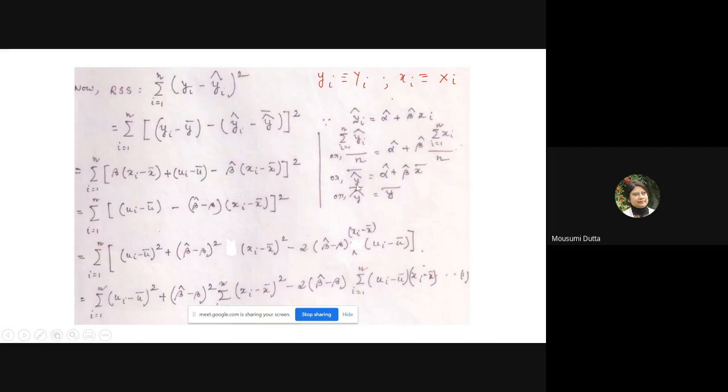So this is y hat bar, and this is again equal to alpha hat plus beta hat x bar. Y bar is also alpha hat plus beta hat x bar. So y hat bar is equal to y bar. So in place of y bar, safely we can use y hat bar. So y bar and y hat bar are similar, and for that matter, I am using y hat bar here.